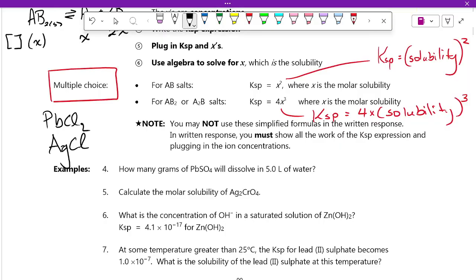See if you can identify these problems as find the solubility.